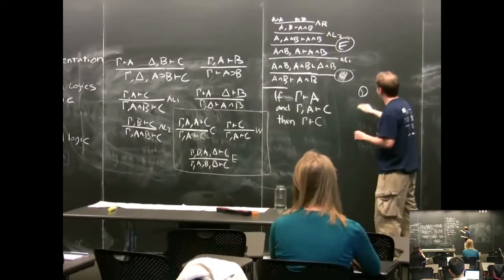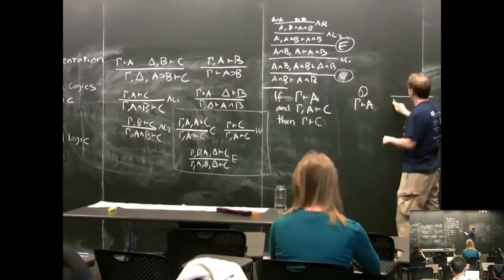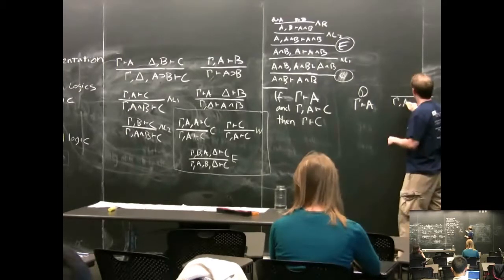So say I've got my last derivation of this is, well, I've just got a derivation of A, but then my second derivation ends with a contraction rule.